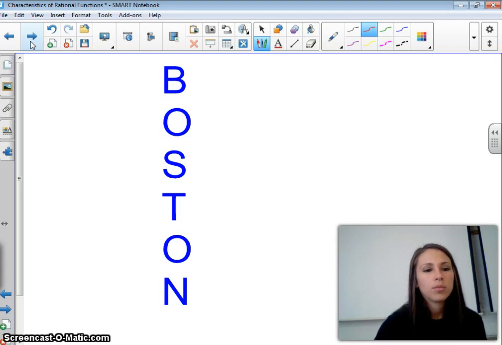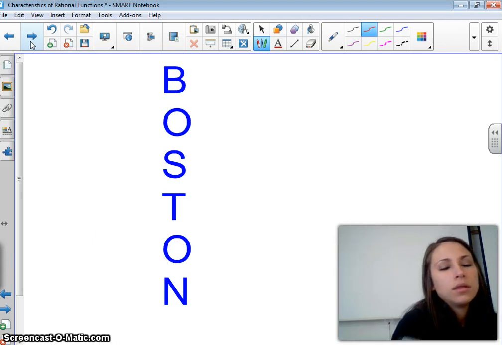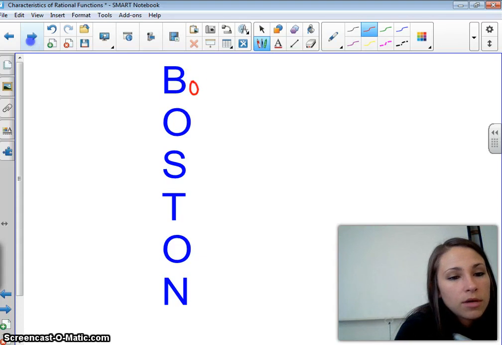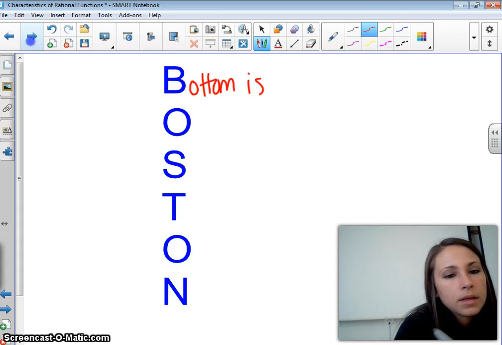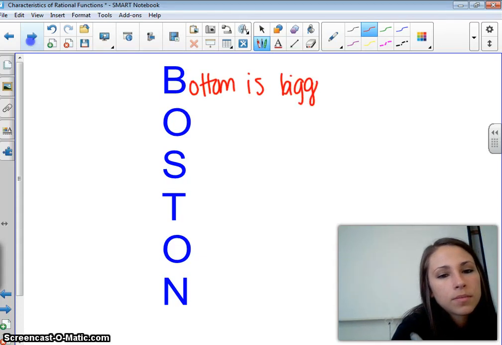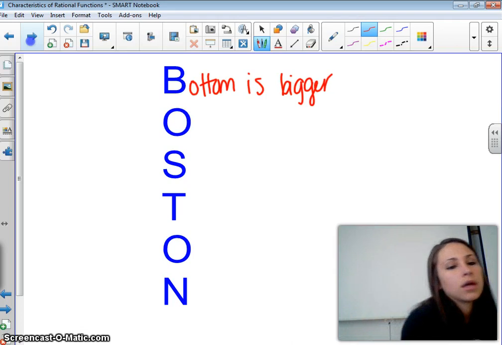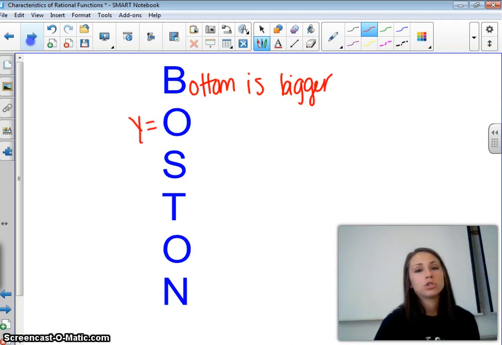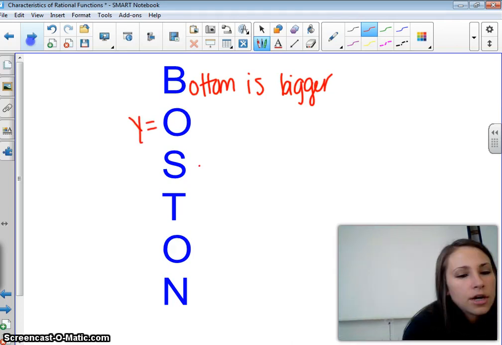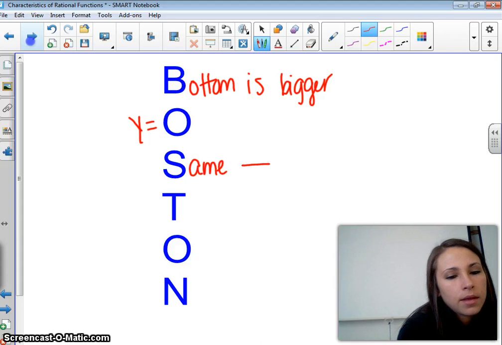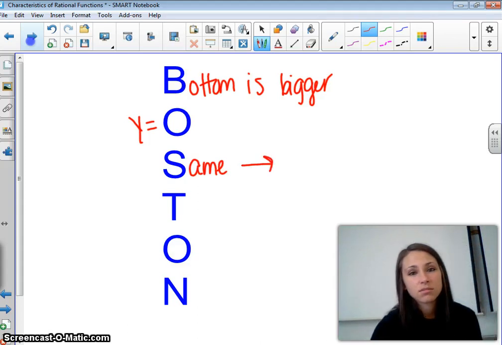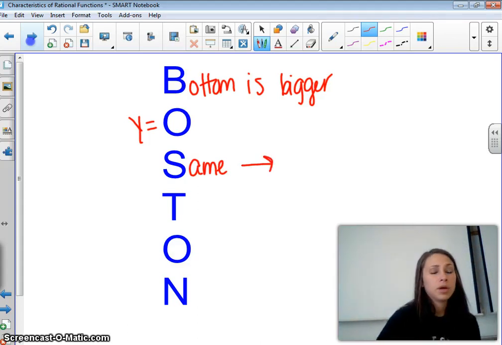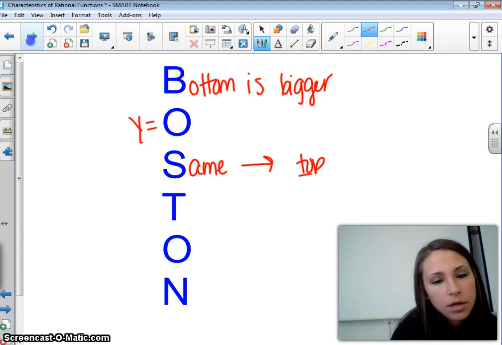The way that I remember these is with the acronym BOTTOM... I mean BOSTON. This is the way that a lot of people remember them. If the bottom is bigger, then y equals 0 is your asymptote. If they're the same, and this one you just have to kind of go with it because it's not really that creative, it's just the top divided by the bottom.